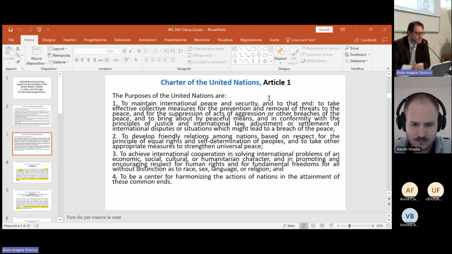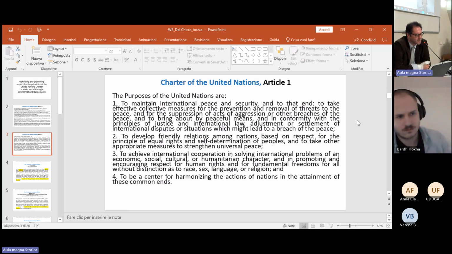The purposes of the United Nations are to maintain international peace and security, and to that end, to take effective collective measures for the prevention and removal of threats to the peace, and so on and so on. Okay? To develop friendly relations among nations based on respect for the principle of equal rights and self-determination of peoples, and to take all appropriate measures to strengthen universal peace.